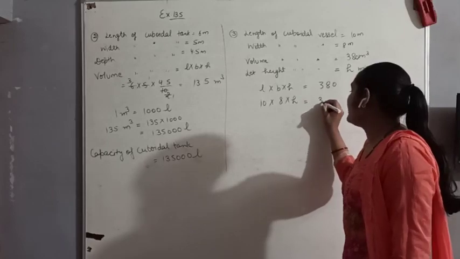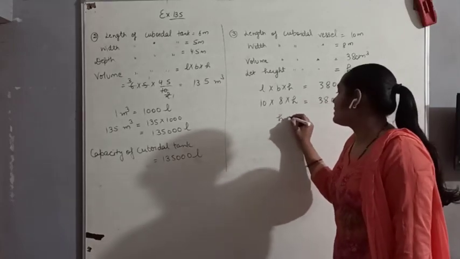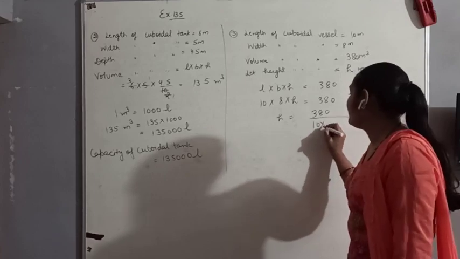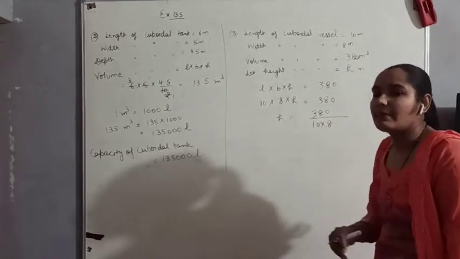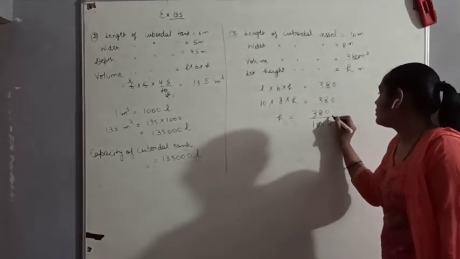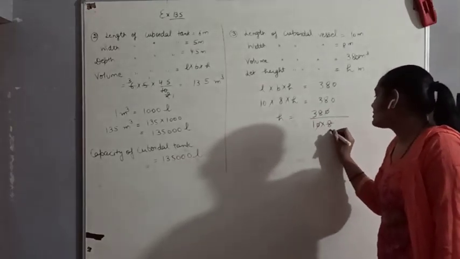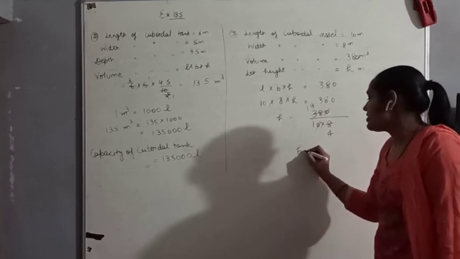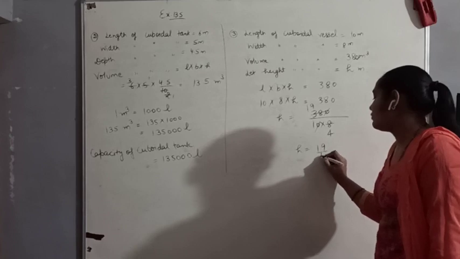H is equal to 380 divided by 10 multiply with 8. 10 into 8 क्या है आपके पास लेफ्ट हैंड साइड पर मल्टीप्लिकेशन में, तो राइट हैंड साइड पर डिवीजन में. 0 से 0 कैंसिल आउट, 2 4 जा 8, 19 2 जा 30. So h is equal to 19 by 4.